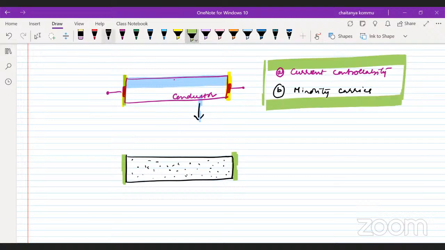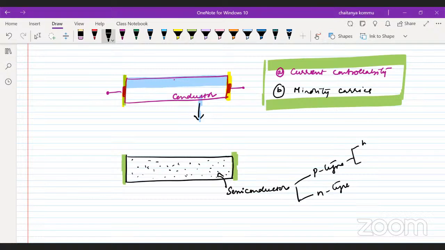For these two requirements, a semiconductor is more suitable, because a semiconductor can be a p-type semiconductor or an n-type semiconductor. In p-type, holes are majority and electrons are minority.